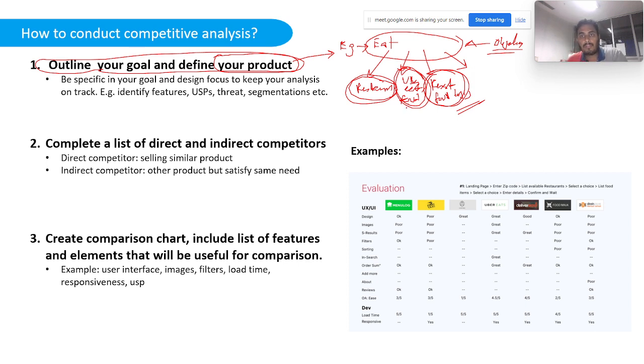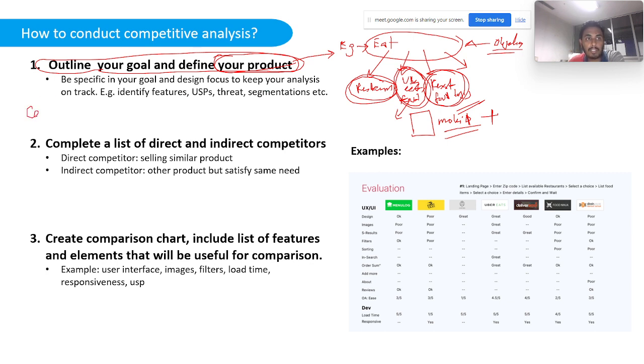Now as a business, when you try to focus on something like a delivery service, which is a service based eatery company, then probably you need to focus on mobile apps. Now comparing your mobile app against the competition is of importance. So that's what it says. First define your goal, what as a business you want to do or what you want to compare. Select your particular product, and also you need to identify what sort of competitive analysis you want to perform.